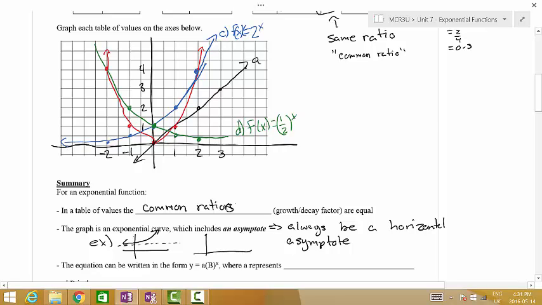Even if it was decreasing, we would have a horizontal asymptote that the graph gets very, very close to but never touches. A lot of these graphs will look like they have a vertical asymptote as well. They don't. It's just that the graph is increasing by so much each time. Say we're multiplying by 5 every time, that number would get bigger and bigger quite fast. So it just looks like it has a vertical asymptote, but it doesn't. It will always only have a horizontal asymptote.